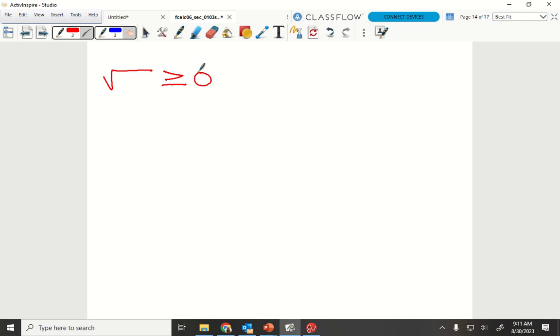So if I'm solving for this, I need to find holes, and this is one way of finding it. What about if I have something like this? Is there a restriction on my domain? Is there something that's going to give me undefined or imaginary?